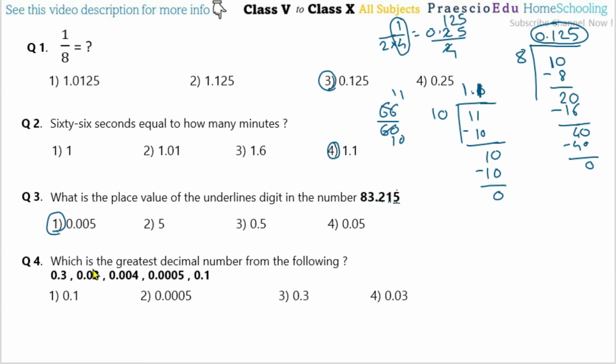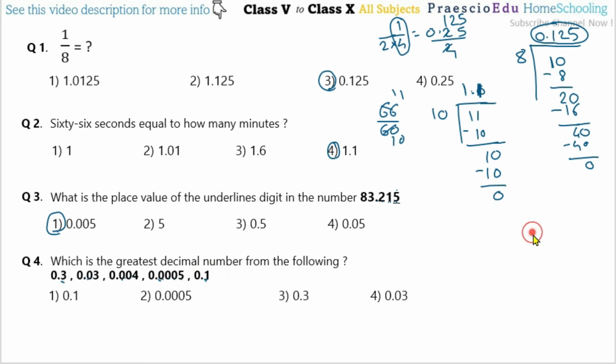Question number 4, which is the greatest decimal number from the following? So the numbers are 0.3, 0.03, 0.004, 0.0005, and 0.1. Now in these, the unit place is 0 in all. So we will compare the 1/10 place. Here 3, here 0, 0, 0, and here 1, so this is always greater.